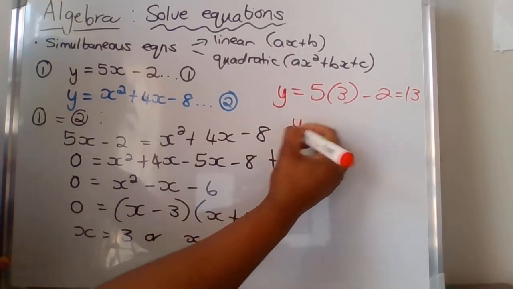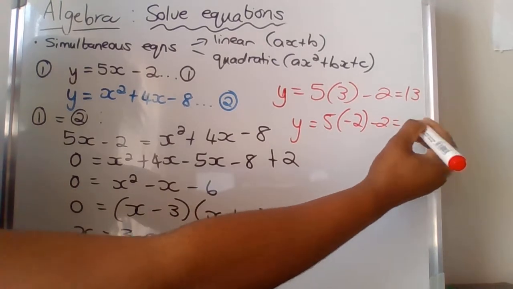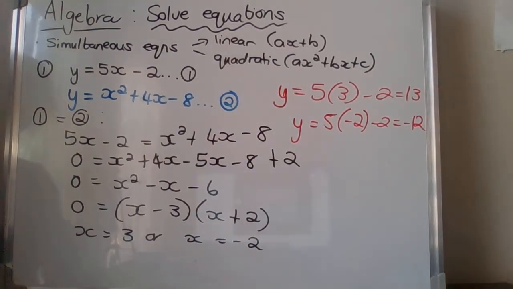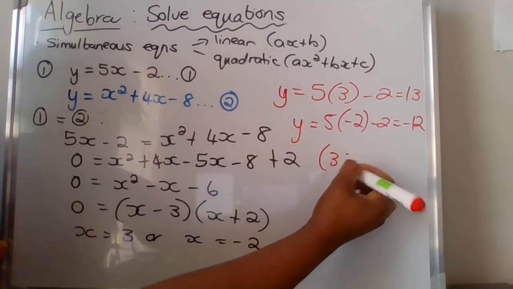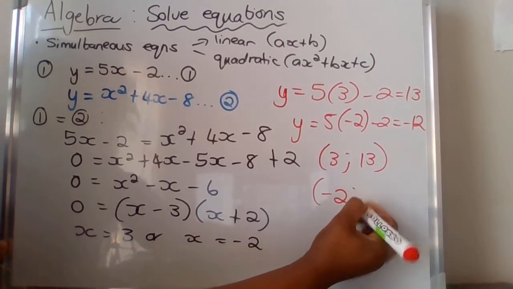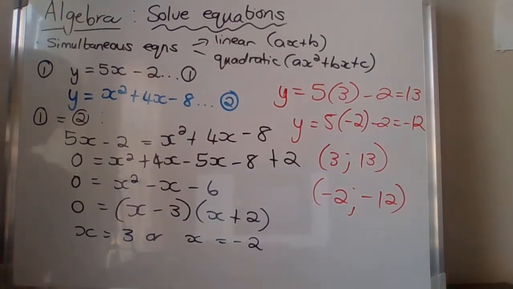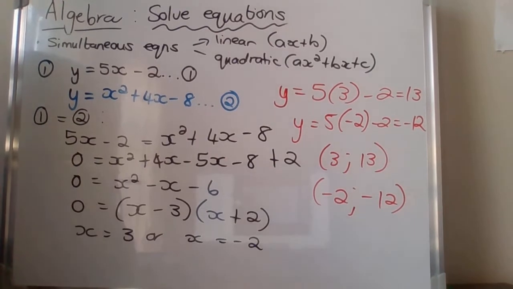And the next one, y is equal to 5 times minus 2 minus 2, which is equal to minus 12. So therefore I have an ordered pair where my x value is 3 and my y value is 13. And the second one is minus 2 and minus 12. So algebraically, those are my solutions.